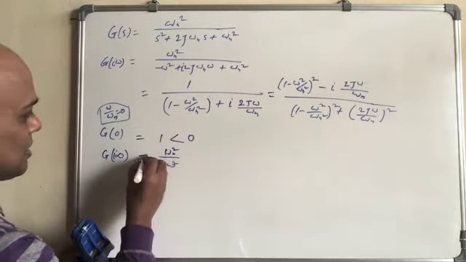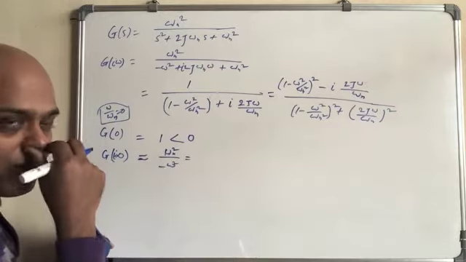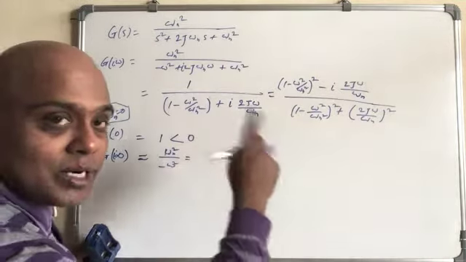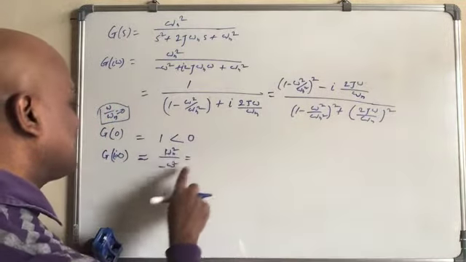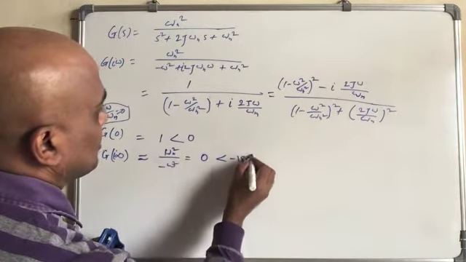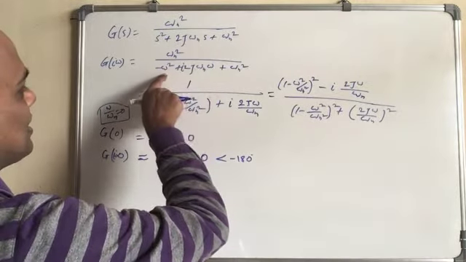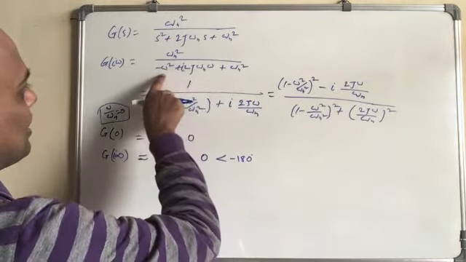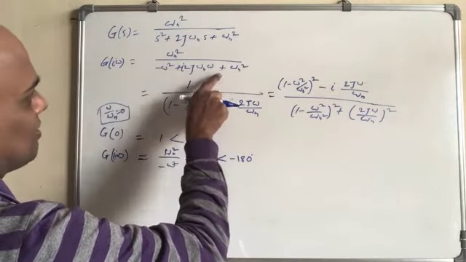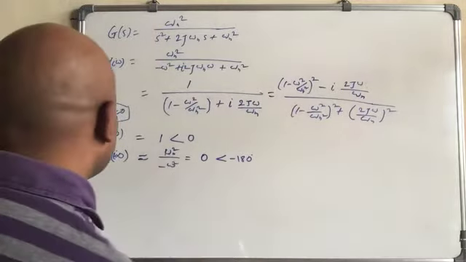Minus sign means this will be minus 180 degrees, which we have seen while plotting the Bode diagram as well. So we get magnitude 0 and we get minus 180 degrees. You can also see that when omega goes to infinity, the denominator tends to infinity, and hence this will be 0. So this is how it looks.